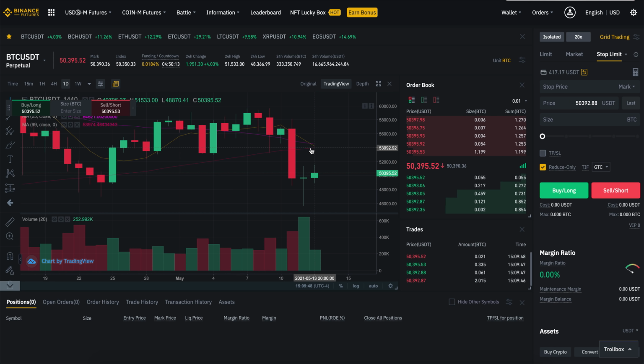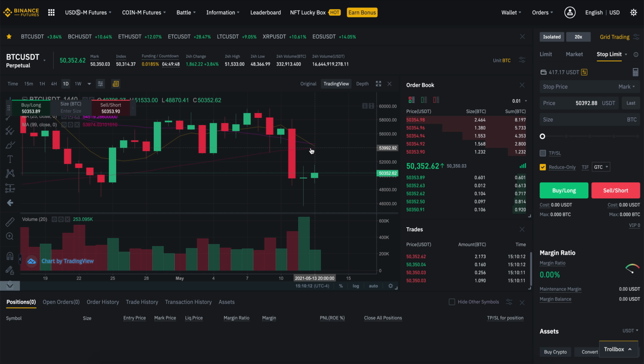Because if you are trying to access from an area that does not allow you to trade Binance futures, you will not be able to access this interface. So make sure you're living in the United Kingdom if you are going to do this. If you do not live in the United Kingdom or an area that allows you to trade Binance futures, make sure that you don't do that, okay? Just the little disclaimer at the beginning of this video.